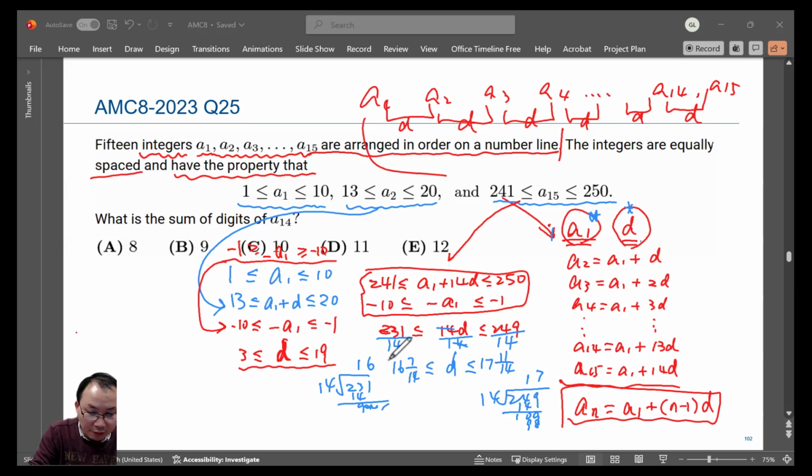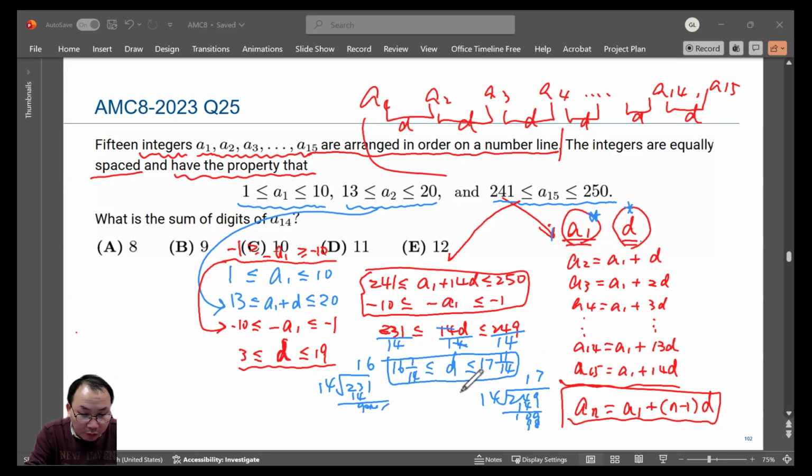So D is in between what? In between 16 and a half and 17 and 11 over 14, not 18. So D has to be a whole number, right? So it cannot be 16, it cannot be 18, it has to be 17.